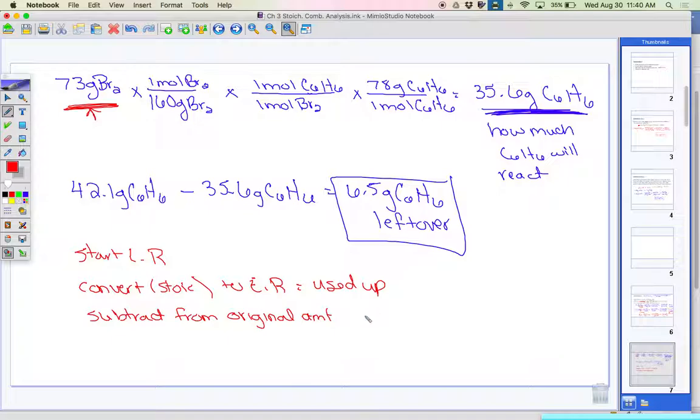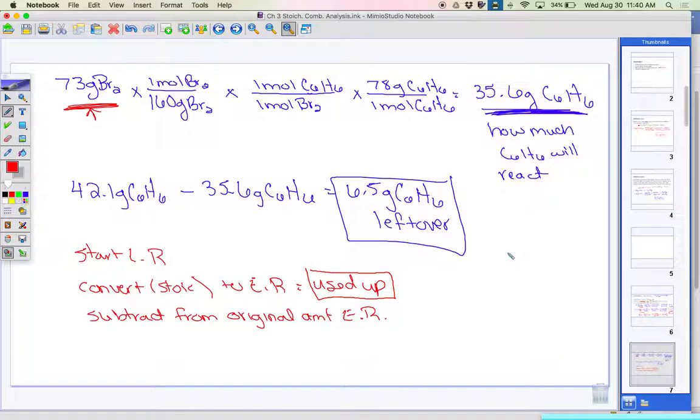That's the process I'm going through as I do the problem. Start with your limiting reagent, do a stoichiometry problem to your excess reagent. That will give you how much of the excess reagent got used, and then subtract that amount from the original amount of excess reagent.